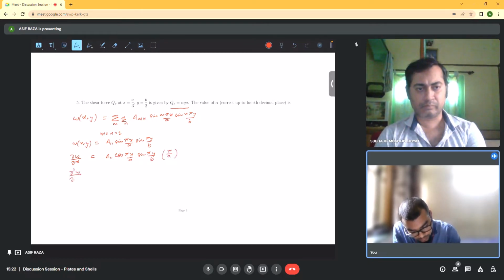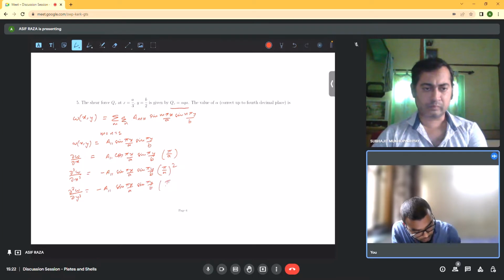Finally, del square w by del x square will give me minus A11 sin(pi x by a) sin(pi y by b), and this will become (pi by a) whole square. Similarly, if we solve for del square w upon del y square, it will have minus A11 sin(pi x by a) sin(pi y by b), and this will be (pi by b) square.